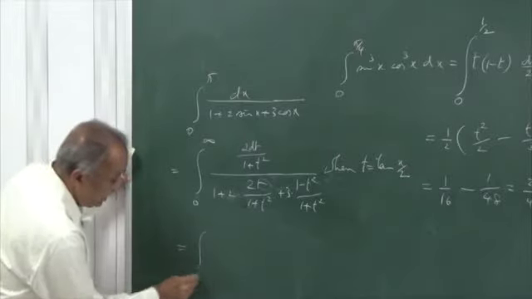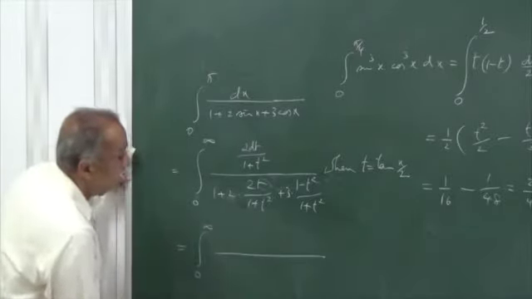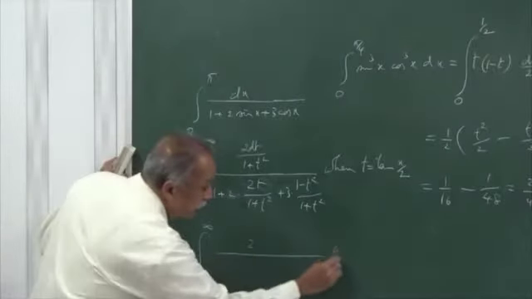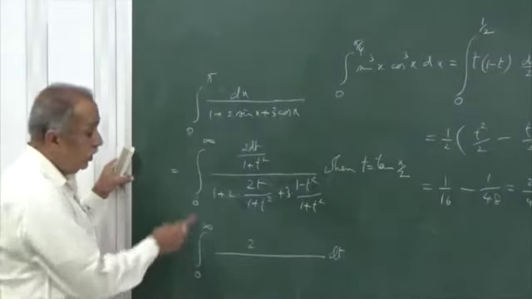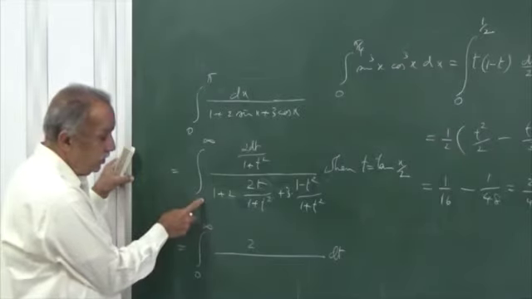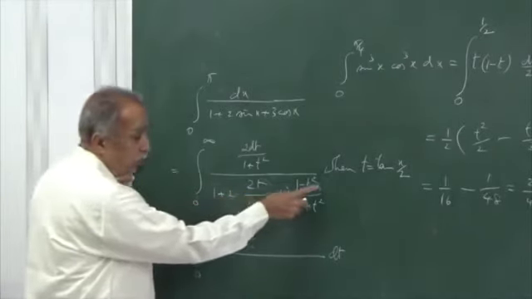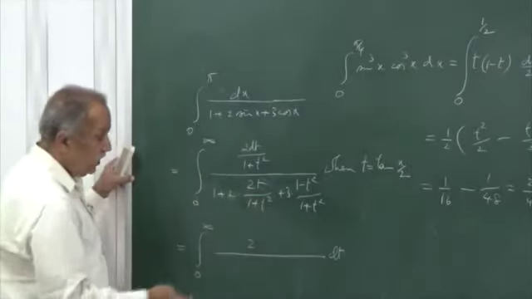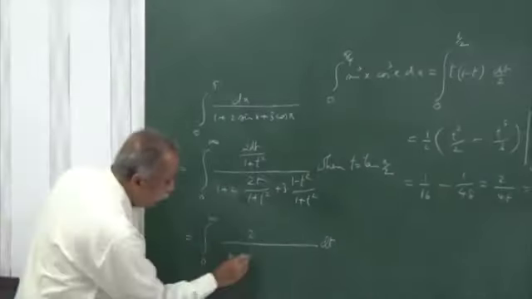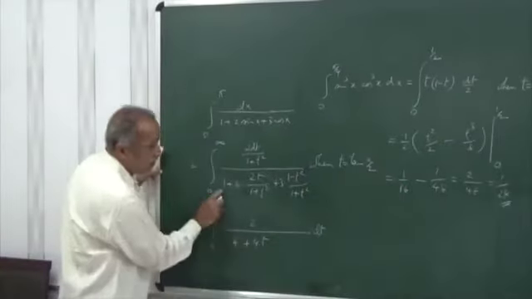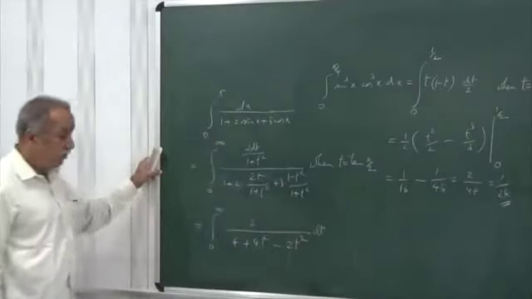And on simplification, I am getting my integrand as 2 dt by, 1 plus t square plus 4t plus 3 into 1 minus t square, which is 1 plus 3, 4, plus 4t plus t square minus 3t square, minus 2t square.